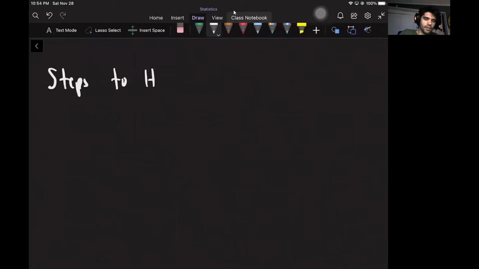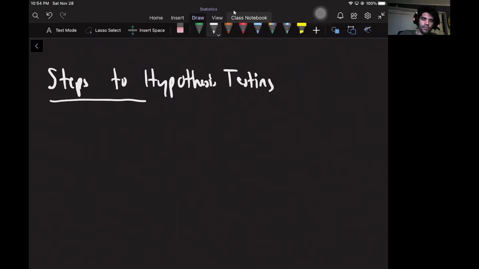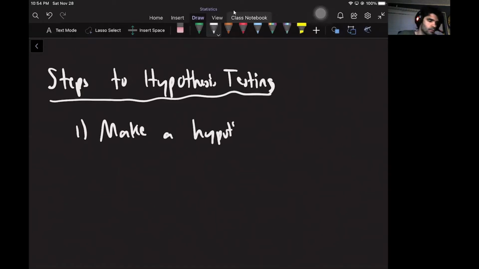Okay, so here are the steps to hypothesis testing. So once we get into example, we'll break down and do even more specific steps than these. But this is sort of the more general steps. So the first thing is you have to, first of all, make a hypothesis about a population.